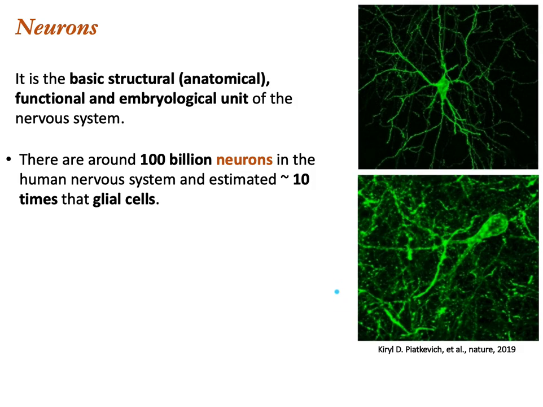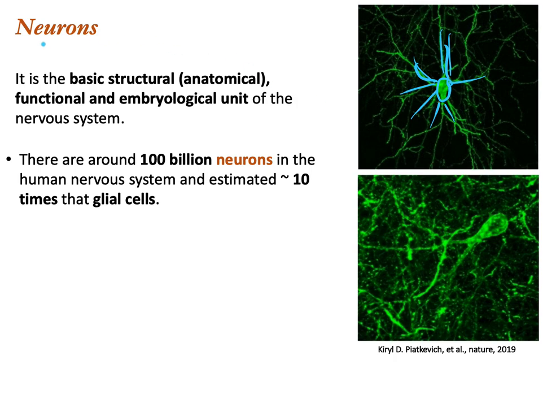Okay, let me give you a brief introduction about the neuron. Not that much to say, because in the next lecture the histology will take more details, but this is a fluorescent photo of a neuron. I would say it's a multipolar neuron because it has many processes coming out from it.